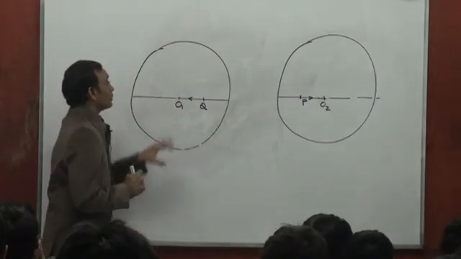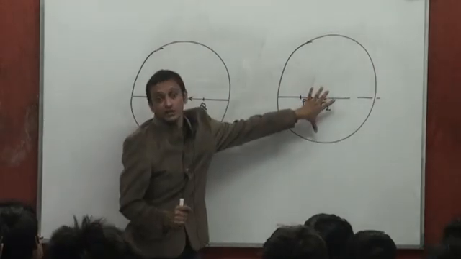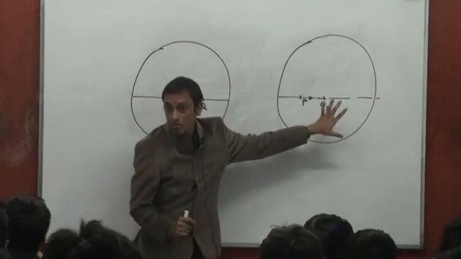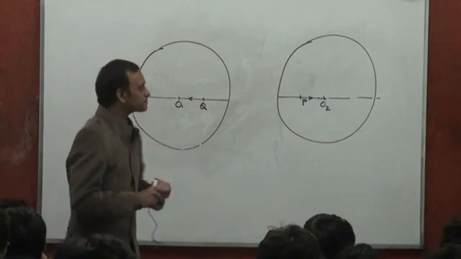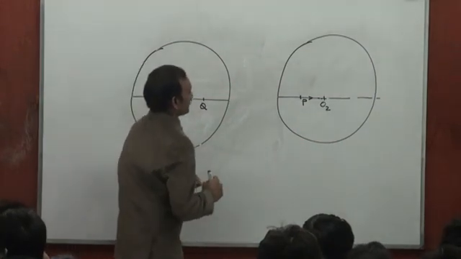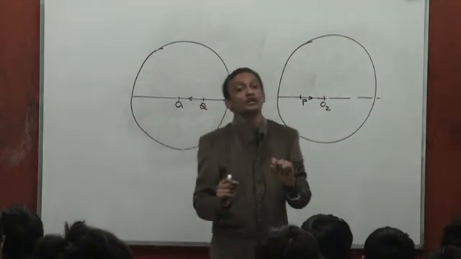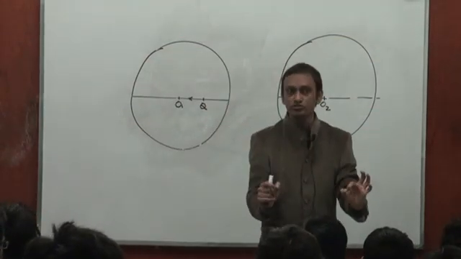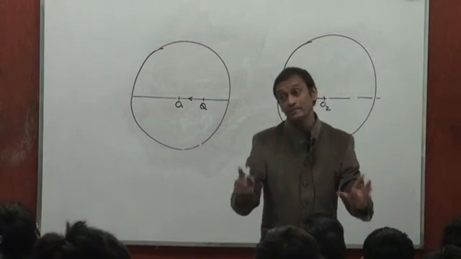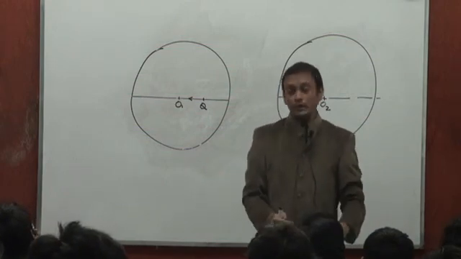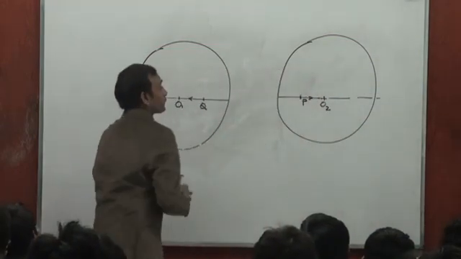Now, these are their respective auxiliary circles, and this is the direction of motion and position of the two oscillators at the same instant of time.